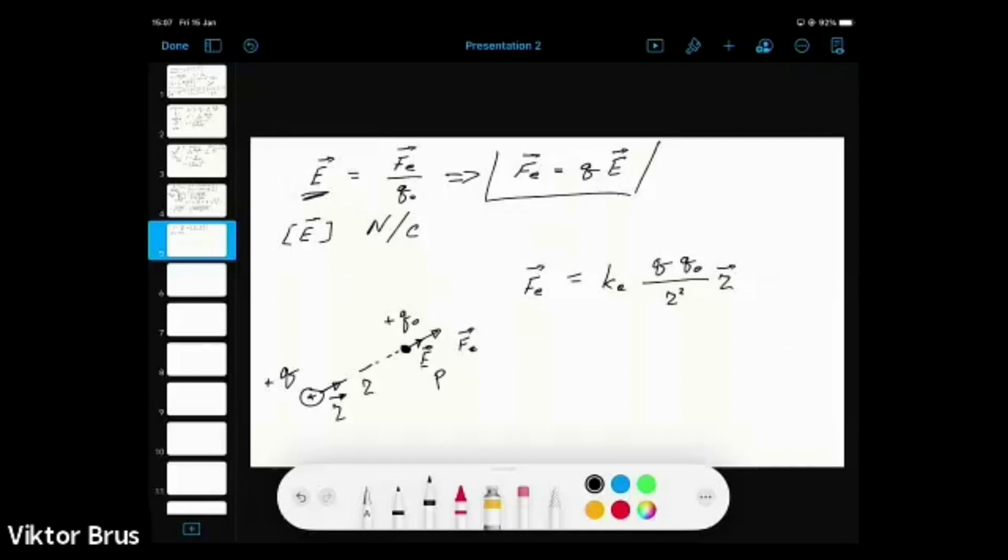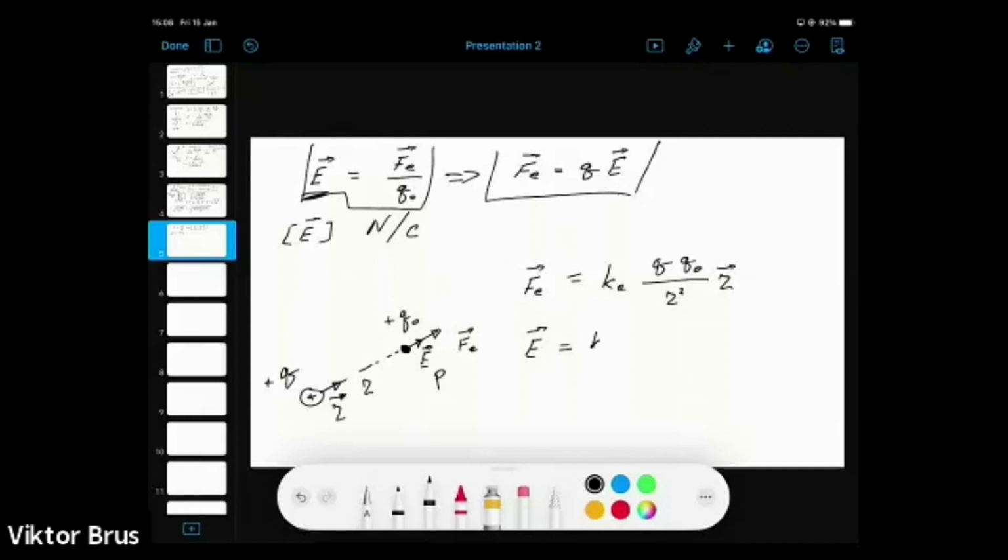In this case, according to the previously defined equation for the electric field vector, we can write that electric field vector is equal to, so we kind of normalize the electric force by the magnitude of the charge of the test charge.